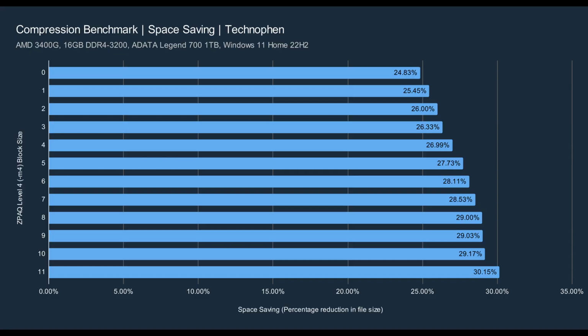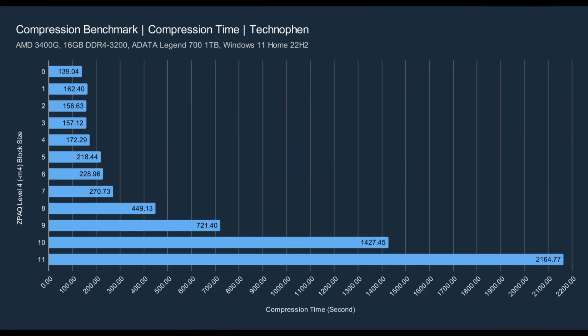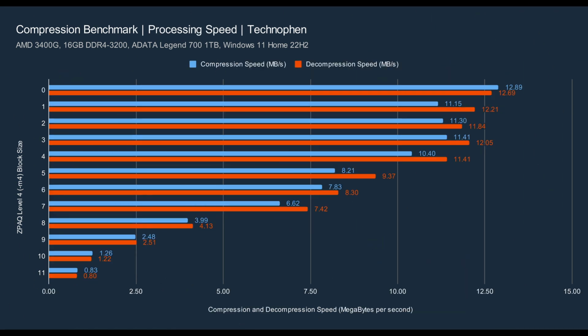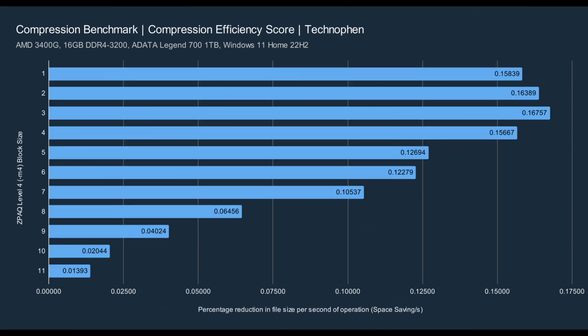Now, let's check out the last two levels, level 4 and level 5, which are set to deliver the best compression. Level 4 with block size 11 can deliver a good 30% space saving. Compression time starts at 2 minutes here, and for block size 11, it takes about 35 minutes to complete. At under 1 megabyte per second, it's very slow, and efficiency score can't even pass the 0.2 mark.